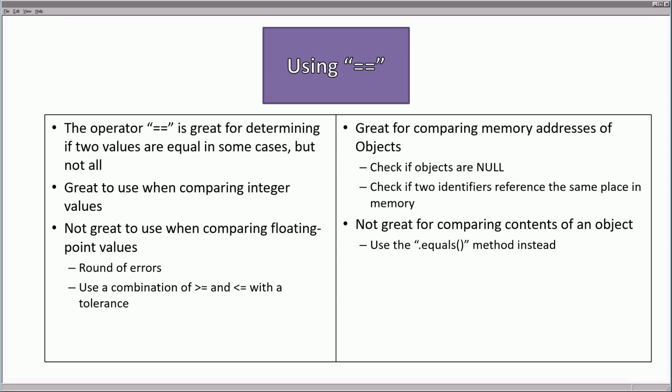So going into a little more detail, we can use the double equals, and it's great for determining if two values are equal in some cases, but not every case. It's absolutely great to use when we're comparing integer values, but it may not be so great when we're comparing floating point values like a double.